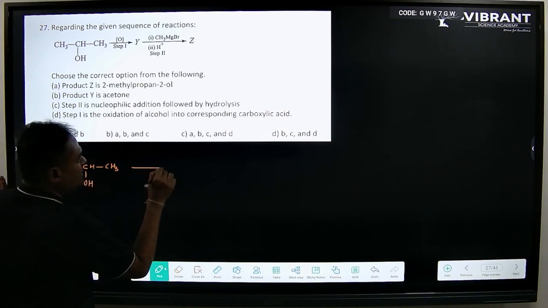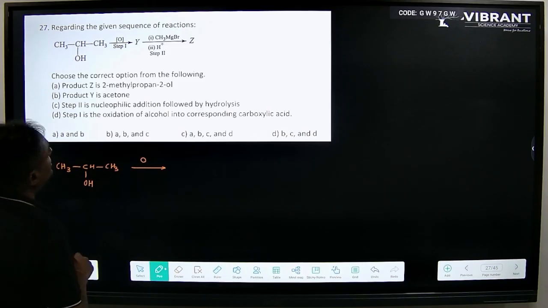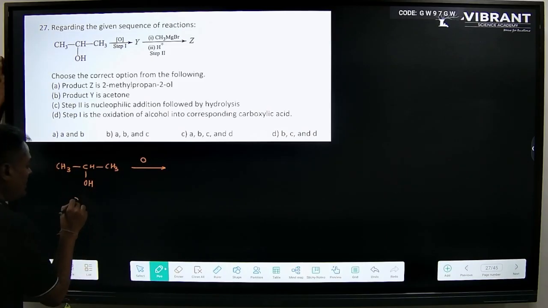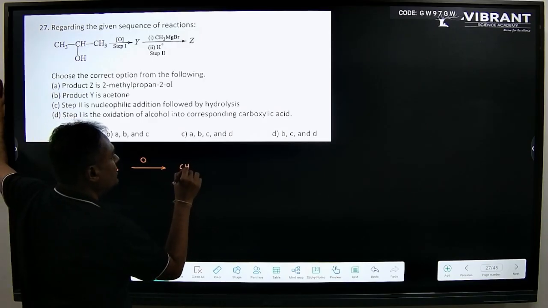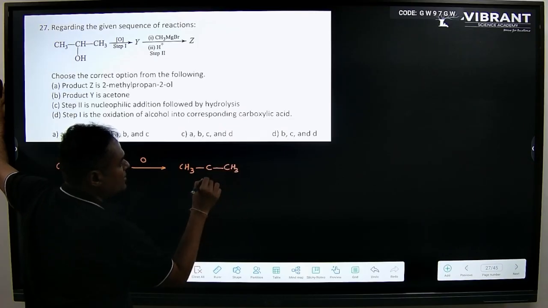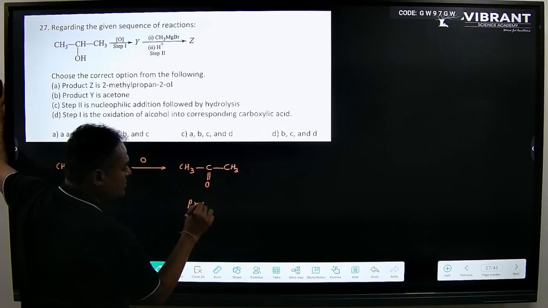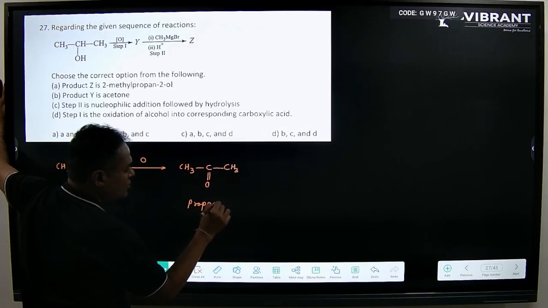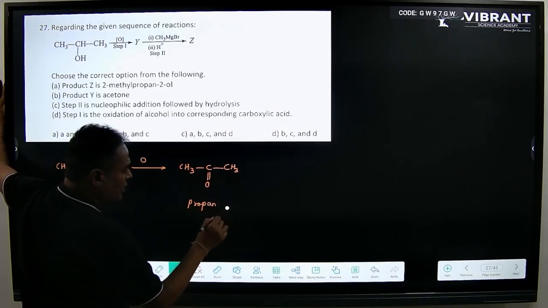Now, the first step they have mentioned is oxidation, and secondary alcohol on oxidation gives you ketone, and the ketone we have got is of this type, and that is nothing but propanone. Yes, we can write propanone or acetone.